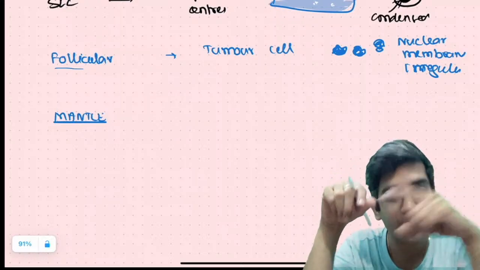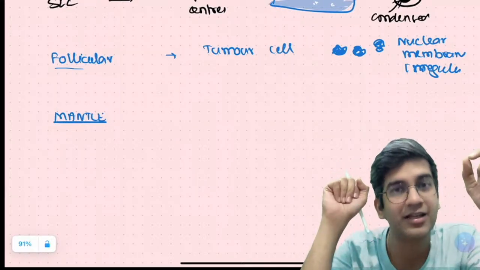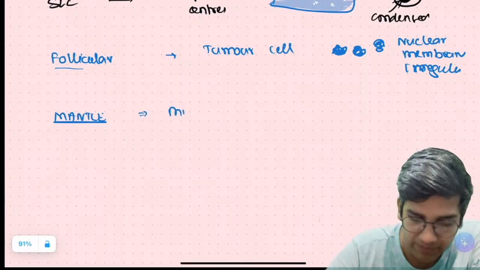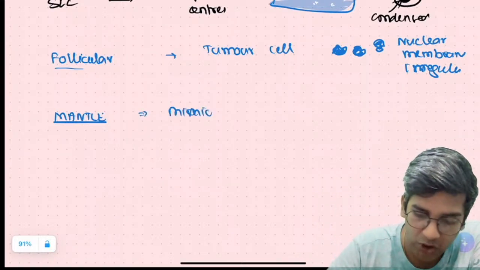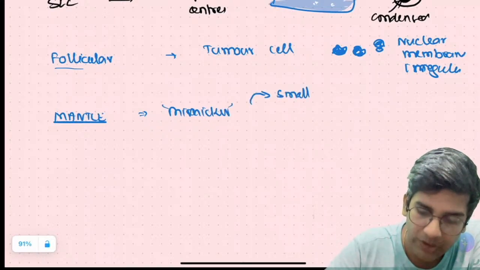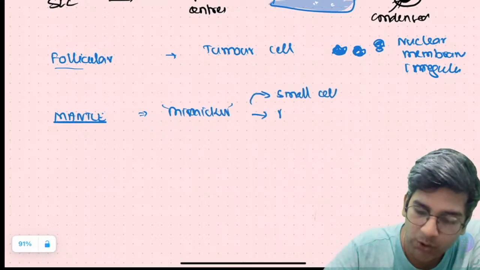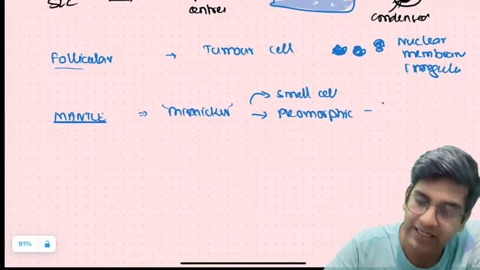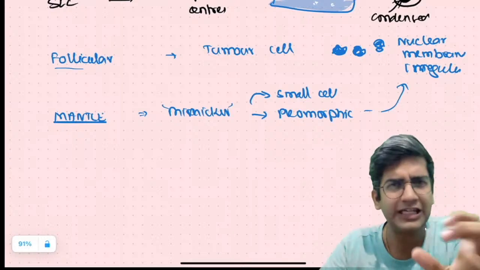Small cell mantle might look like my CLL SLL. Mantle is a very great mimicker. It mimics a lot. I do have small cell mantle, which exactly looks like an SLL, and a pleomorphic mantle, which looks like your irregular cleaved nuclei but a slightly bigger cell.